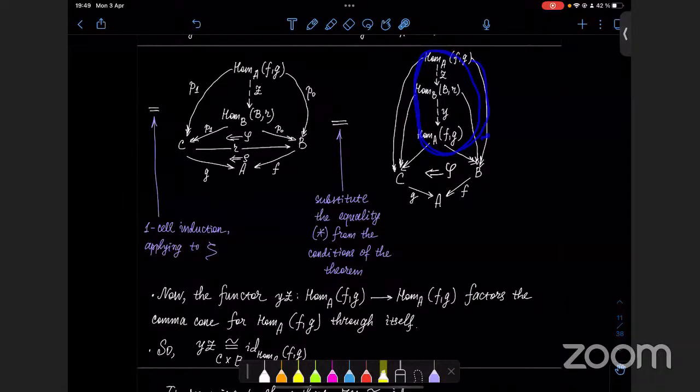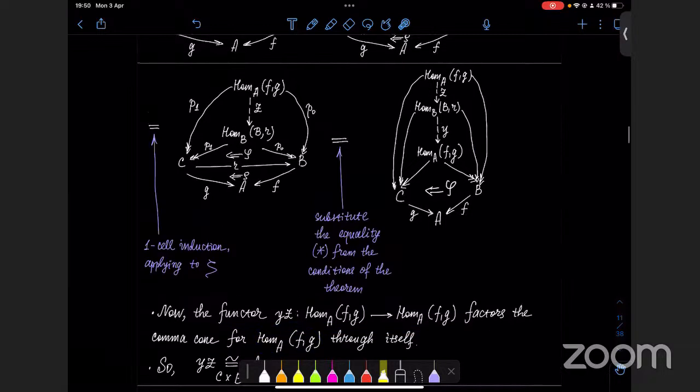This composition factors the comma object for the hom object FG through itself. You see that you have a factorization of this hom object FG.